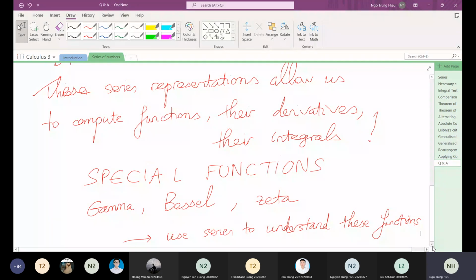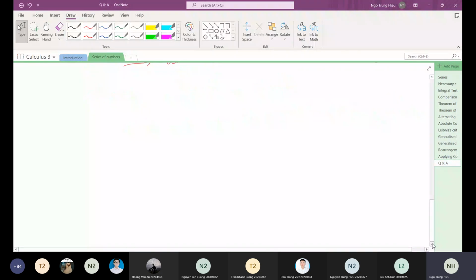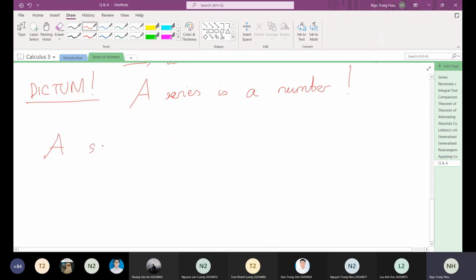I'll mention one again. Remember the dictum: a series is a number. And later on, I'll tell you another dictum: a series of functions is a function.